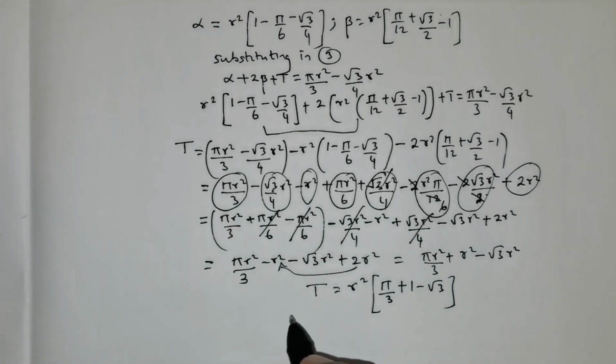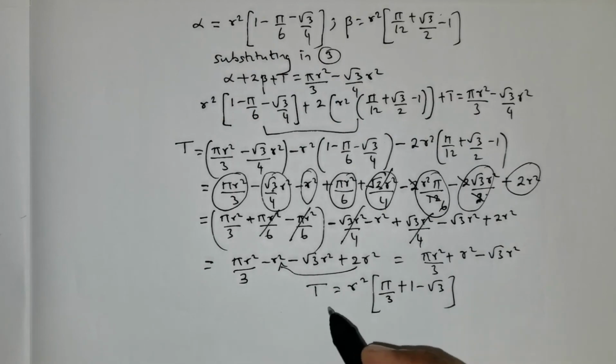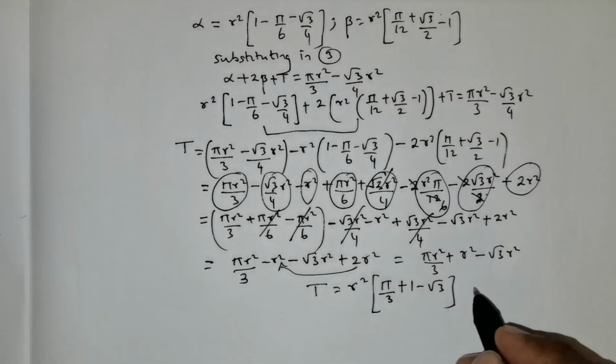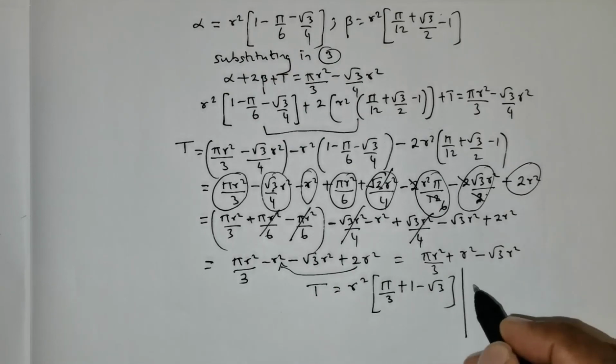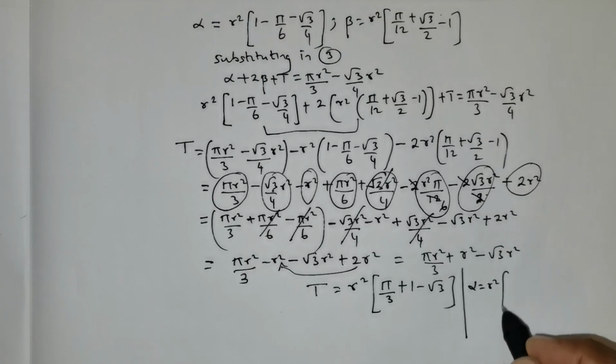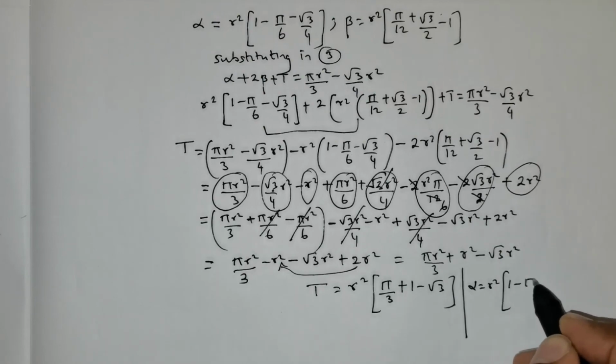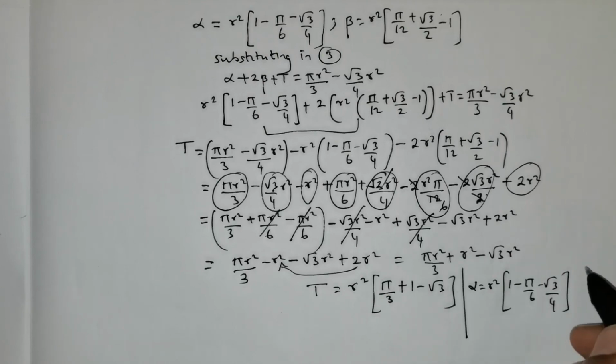Therefore, to sum up, the question wants us to find the area. So let me put down the areas together. This is t, and then we've got alpha, which is r squared of 1 negative pi over 6 negative root 3 over 4.